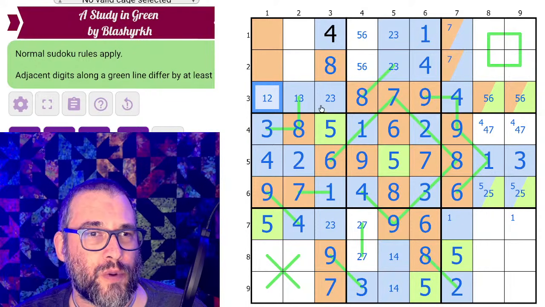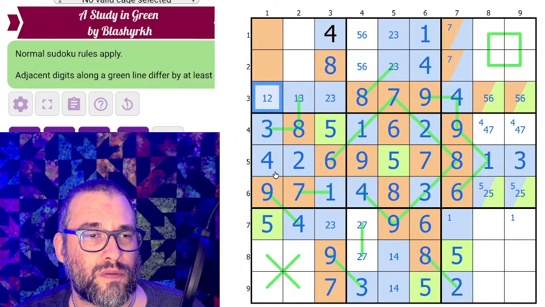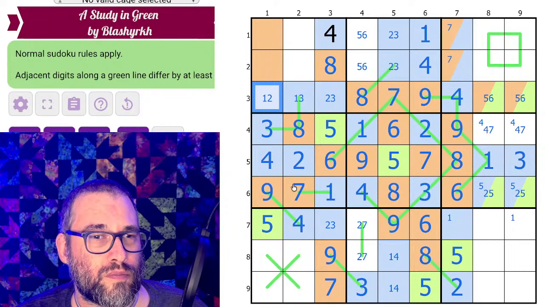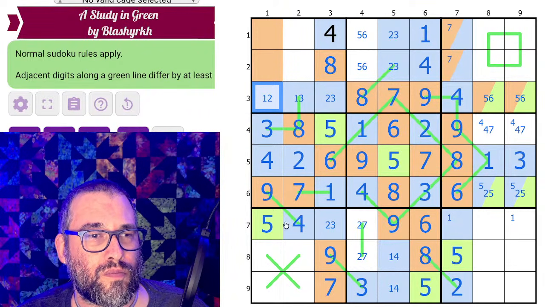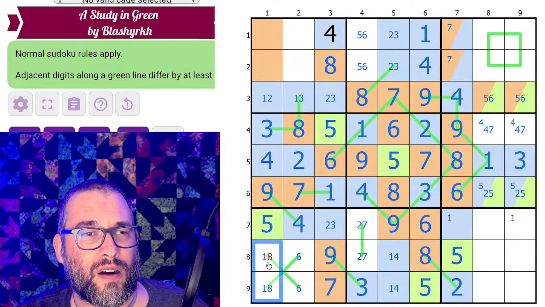Yeah, this is a 1 or a 2 for sure. Yeah, so we got a 6. So this is a 1-8 pair.